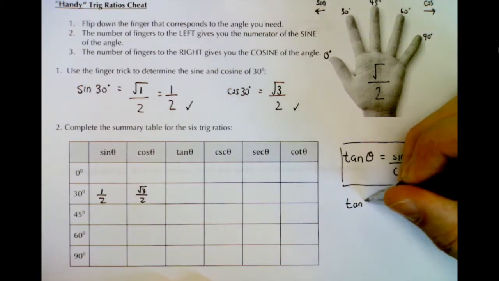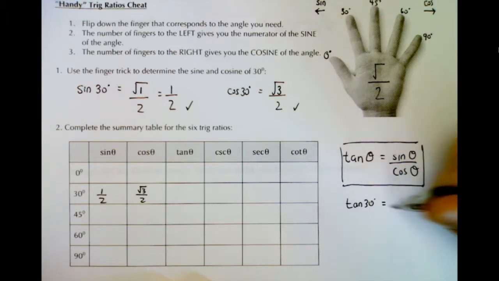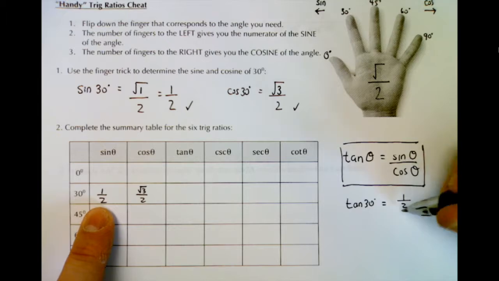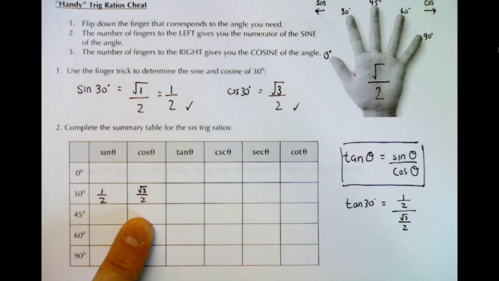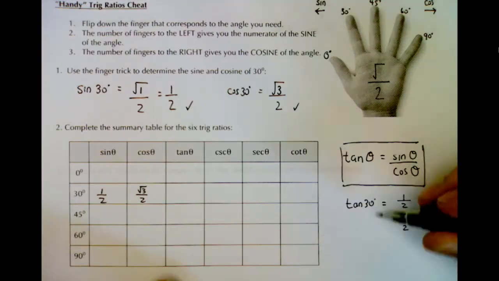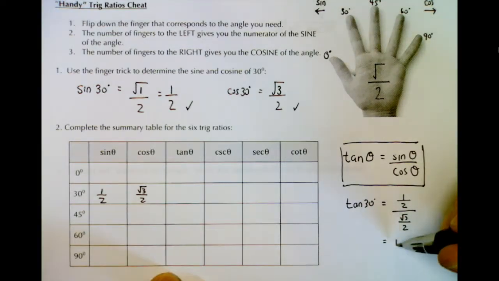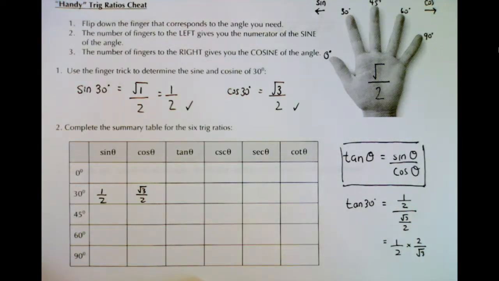tan 30 would be 1 over 2, sine 30, divided by root 3 over 2. How do you divide fractions? You flip the bottom one and multiply. 1 over 2 times 2 over root 3. What happens when you multiply across?